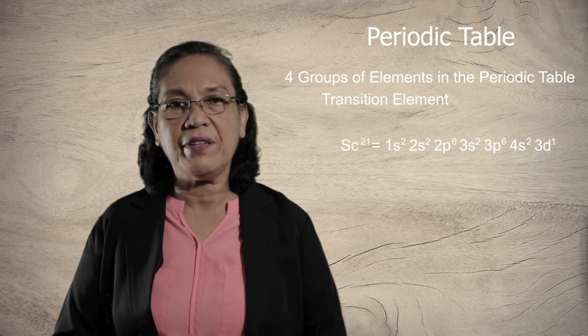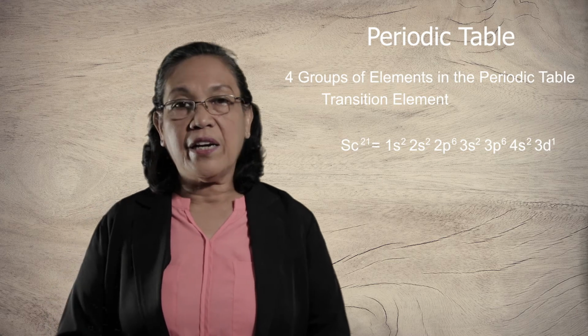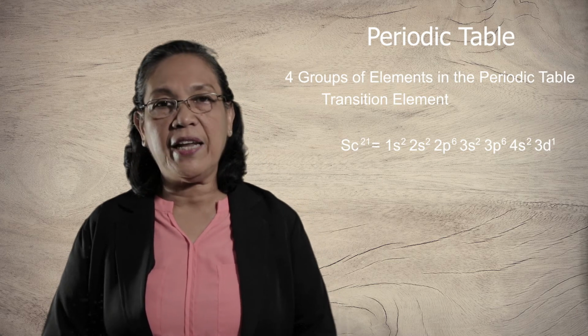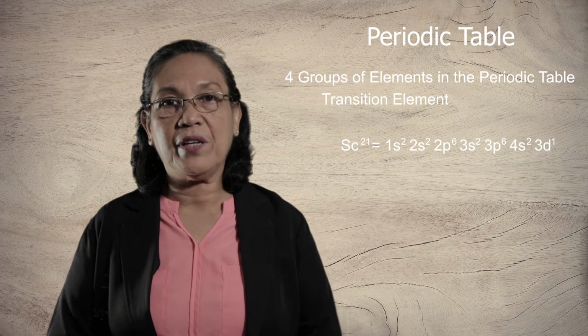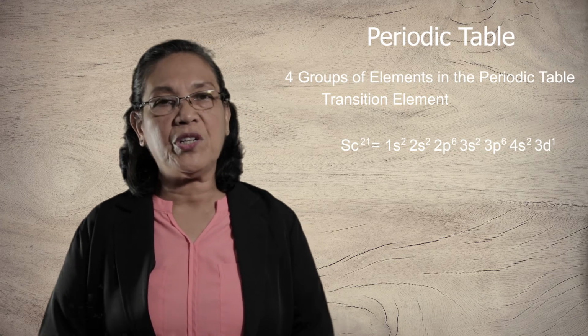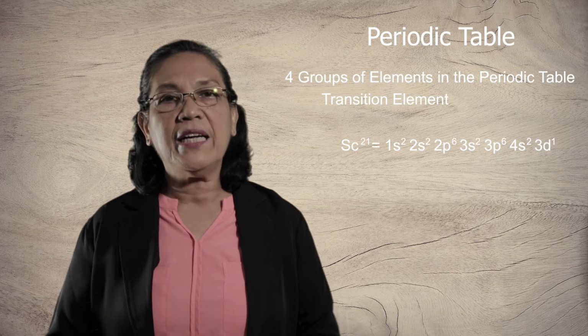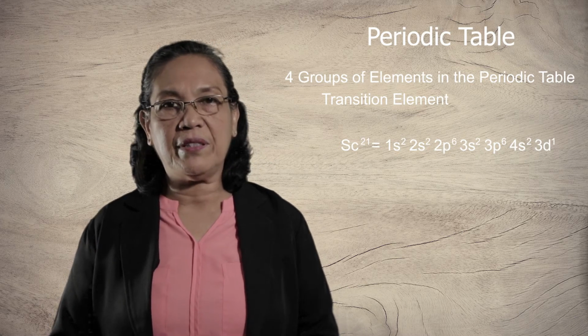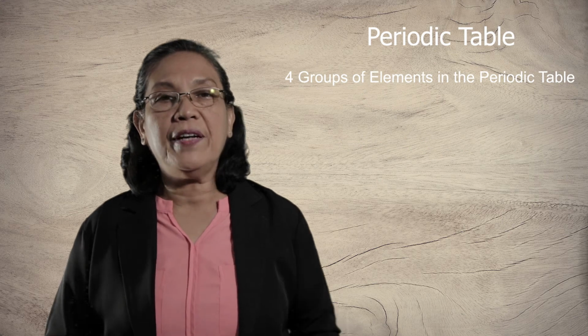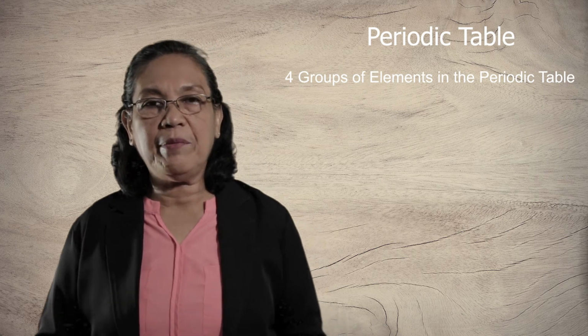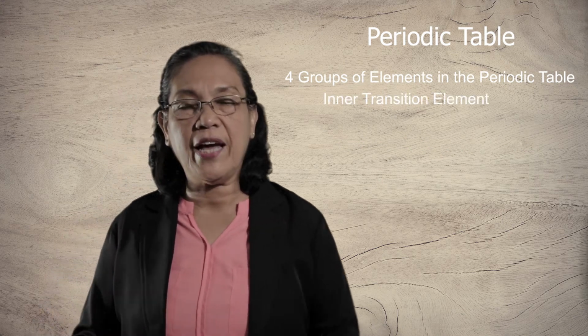However, there are only 9 electrons filling up the third energy level. So the two energy levels which are incompletely filled up with electrons are the third energy level and the fourth energy level.